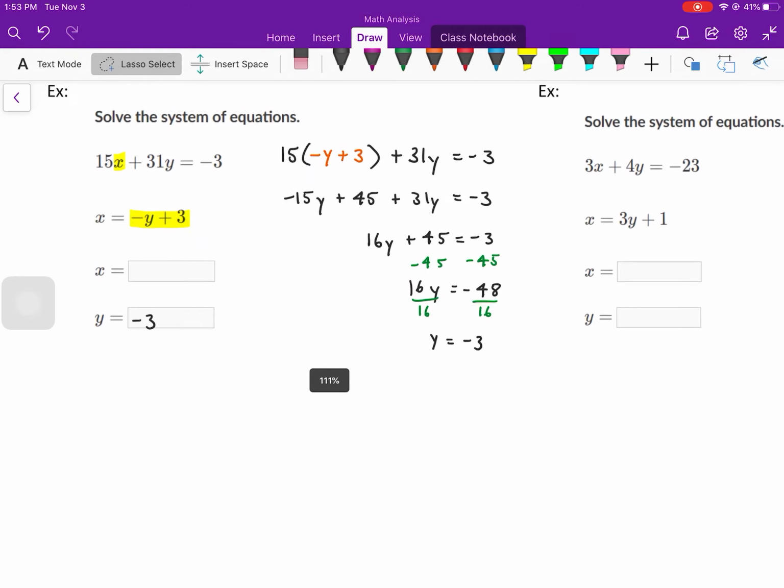But what about x? Well, you could plug the y into this first equation and then solve for x. Or this one, x is already solved for. It should both get you the same answer. So x equals negative y plus 3.